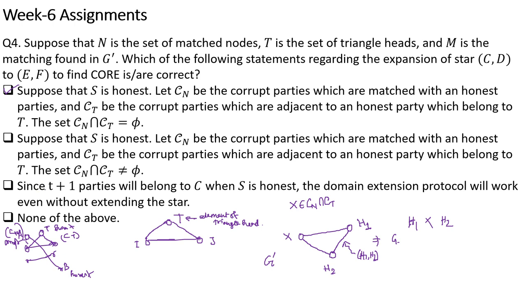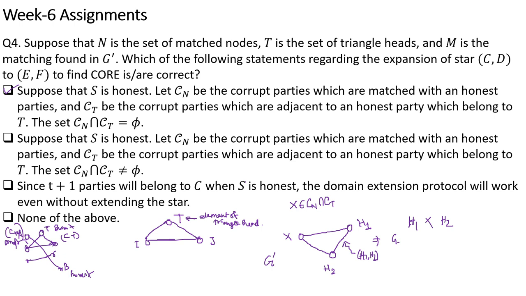The third option says that since t plus 1 parties will belong to C when S is honest, the domain extension protocol will work even without extending the star. Okay, so this may not be said with certainty, right? Because when S is honest, there will be a star.